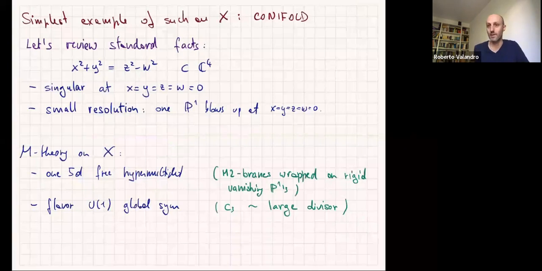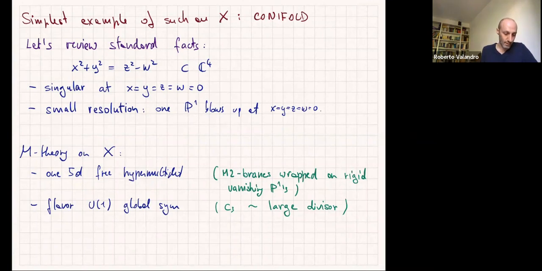Now, these are not strange threefolds. The simplest case is the conifold, that most of us know very well. The conifold is defined by a hypersurface in C4 of this form. It's a point-like singularity at the origin. If you resolve this singularity, this is a small resolution because it blows up just a sphere, P1, at the point where there was a singularity.